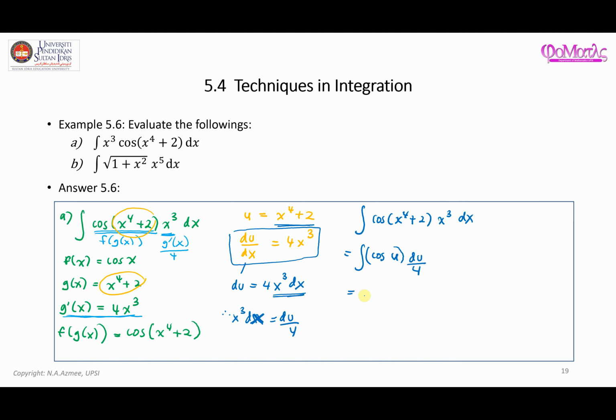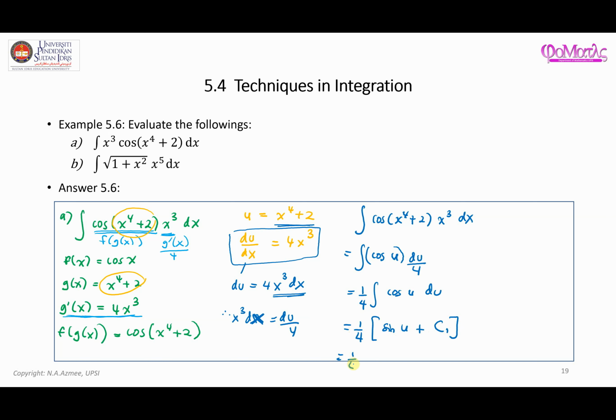So 1 over 4 is a constant, you can take it out, and you are left with cosine of u du. And we know from the table of indefinite integrals, the result will be just 1 over 4 sine u plus c. Maybe I can call this c1.